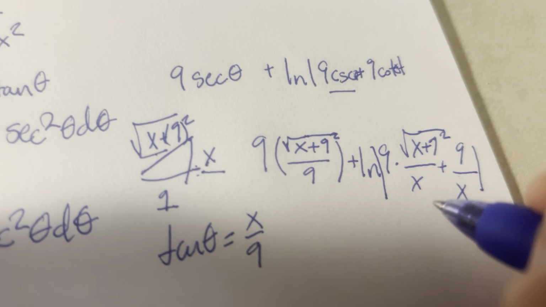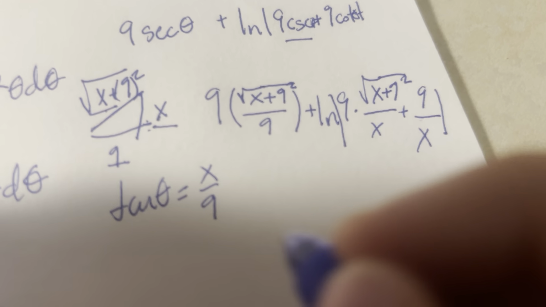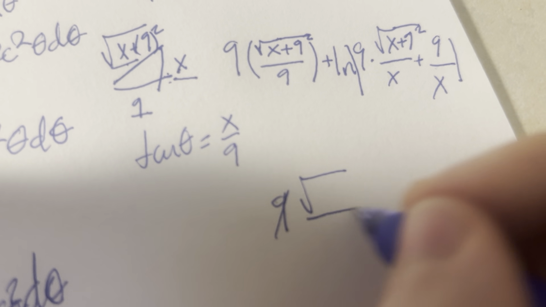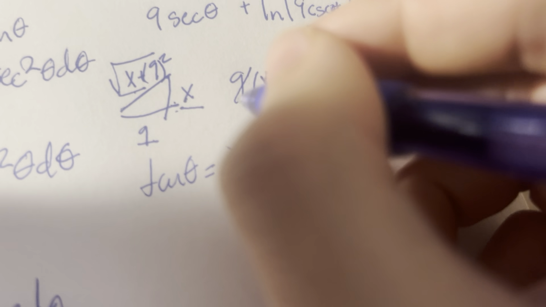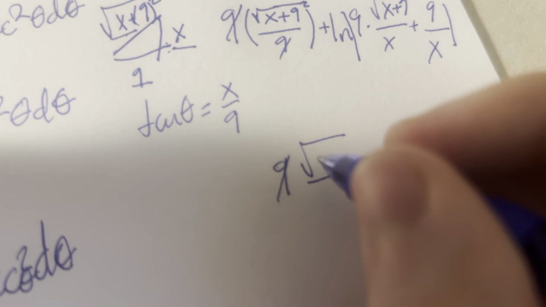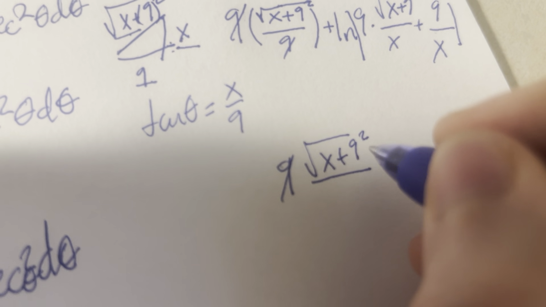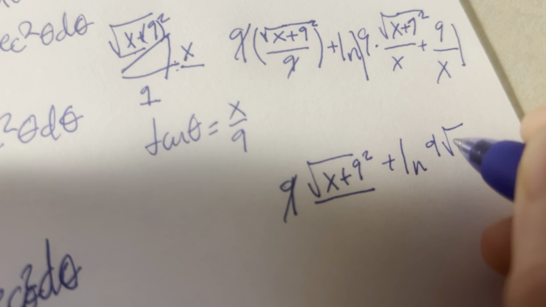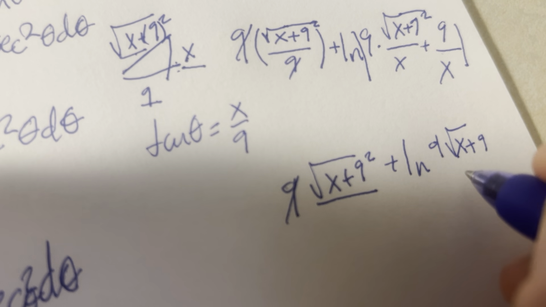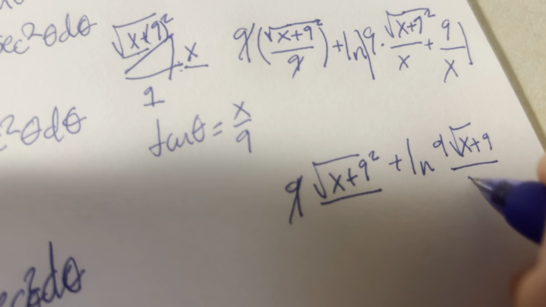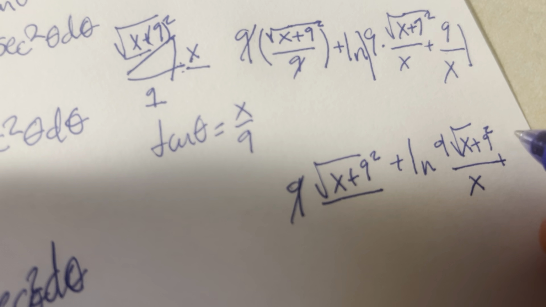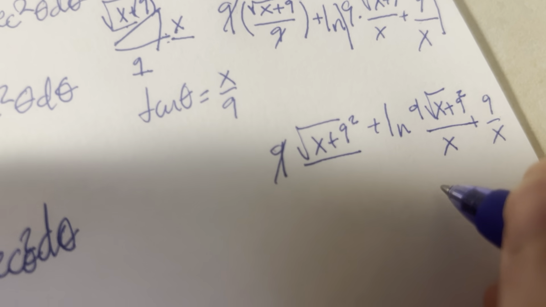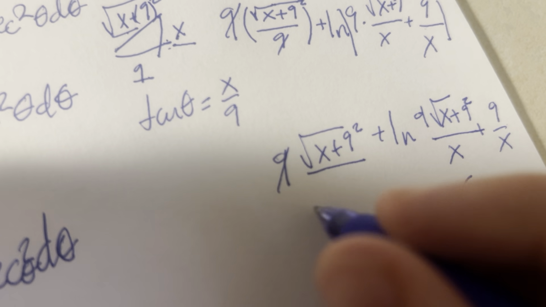Giving us our final solution, canceling out this 9: the square root of x squared plus 9 squared plus ln of 9 times the square root of x squared plus 9 squared over x plus 9 over x as our final answer, and just to include it, plus C.